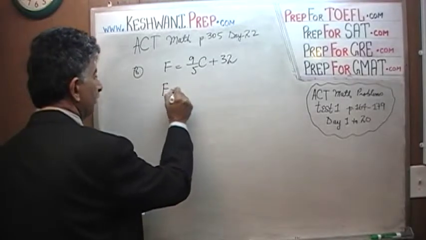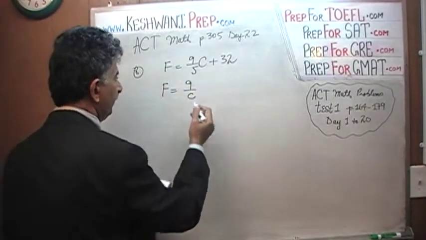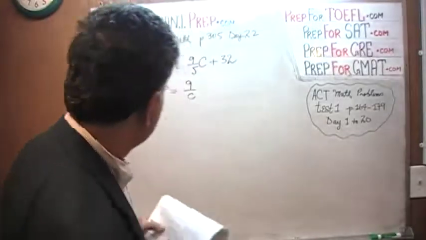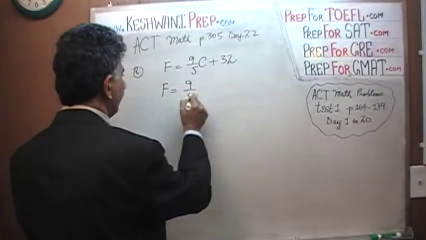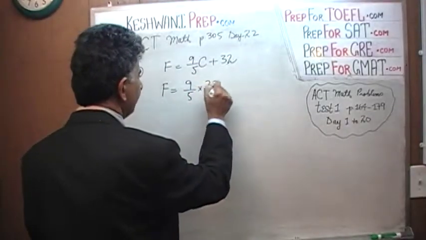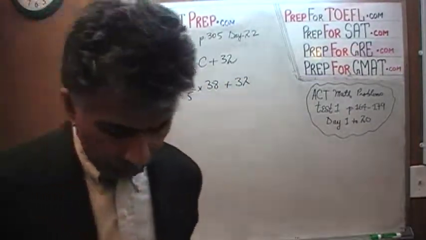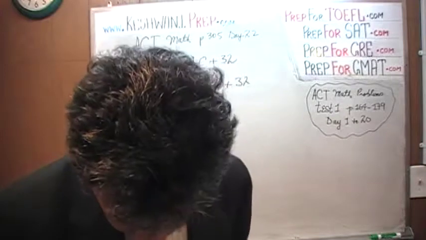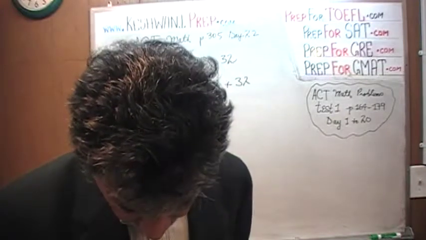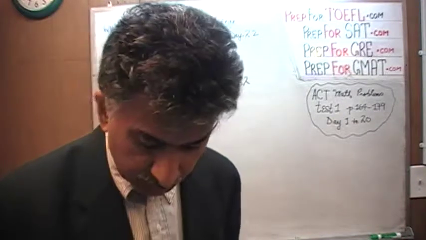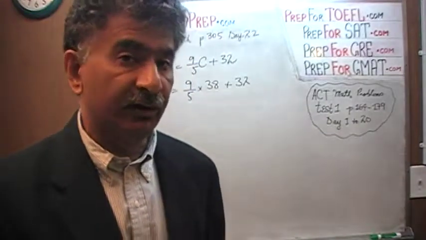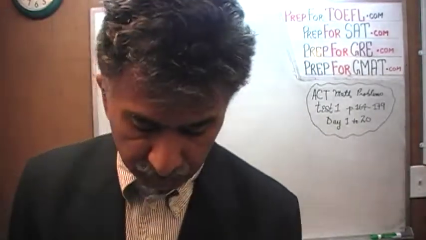So you should substitute 38 in place of C, and somehow we have to figure out this answer. Are they using the word approximate? I hope they are. What is the equivalent temperature on a Fahrenheit? Oh, it says to the nearest degree. That's their way of saying approximately. So we don't have to do the precise calculation.